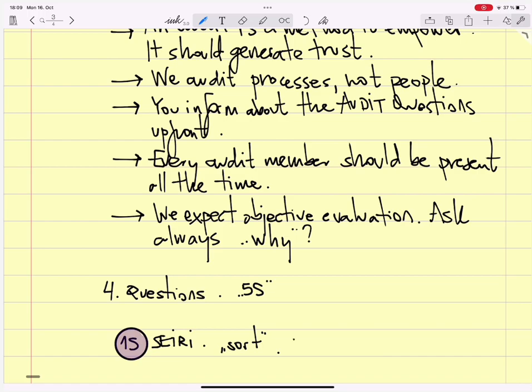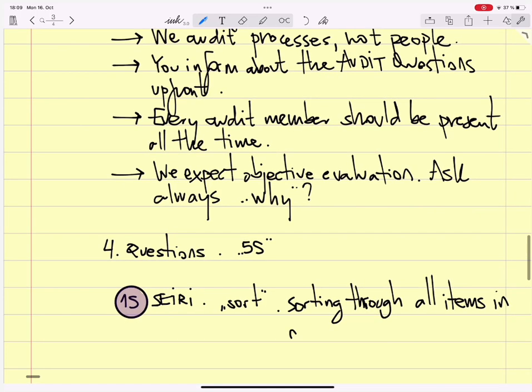So sorting through all items in a location and removing all unnecessary items from the workplace.